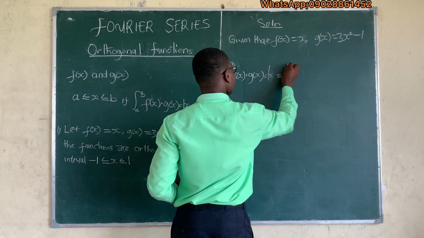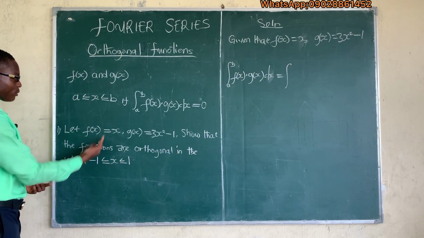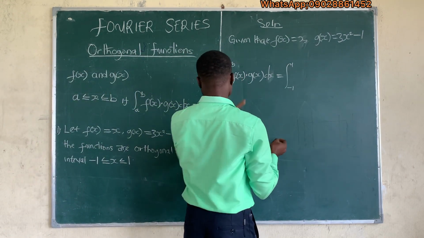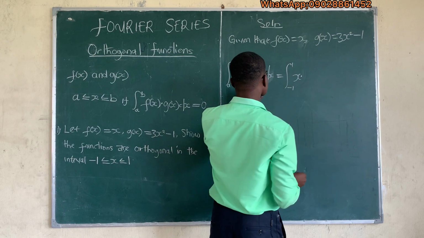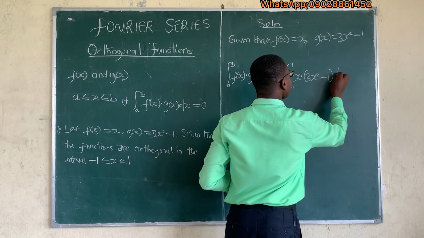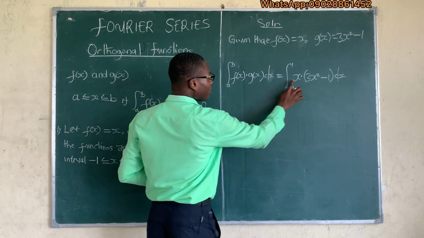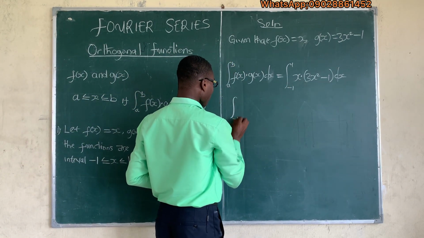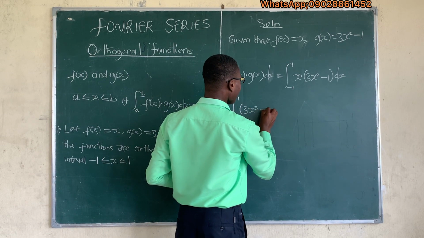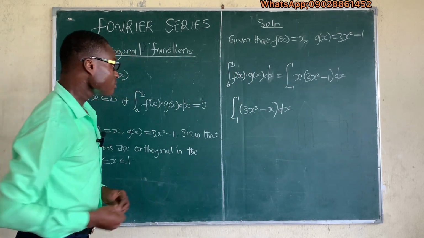If you compare, you have that a is equal to minus 1 and b is equal to 1. So we are integrating from minus 1 to 1 of f of x, which is x, multiplied by g of x, which is 3x squared minus 1, with respect to x. If you multiply out, you have the integral from minus 1 to 1 of 3x cubed minus x dx.